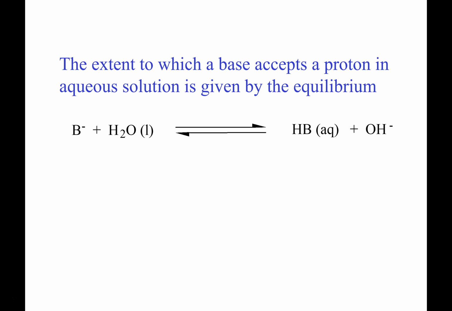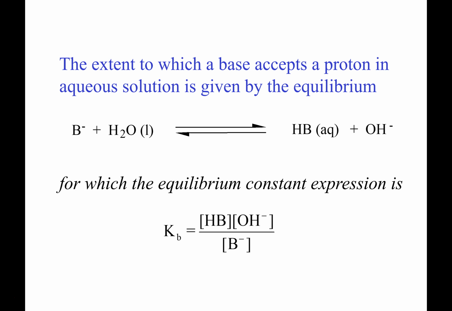Okay. So yeah, we end up with an equilibrium here. And the cool thing we know about equilibria, we learned from Unit 3, is we can make equilibrium constant expressions. Before we had a Ka for the ionization of a weak acid, and here we actually have a Kb for a weak base hydrolyzing, or taking a proton from a water molecule to make HB and OH minus.